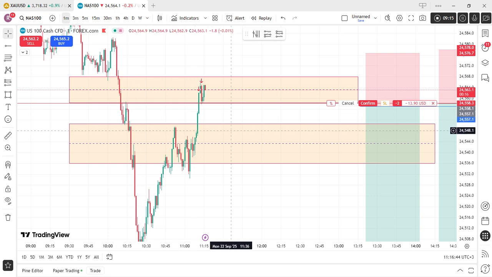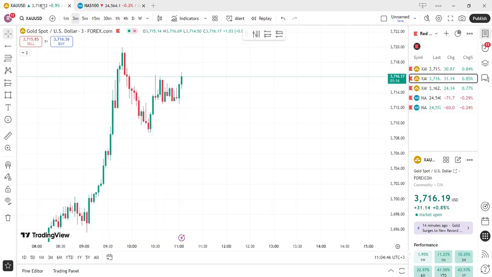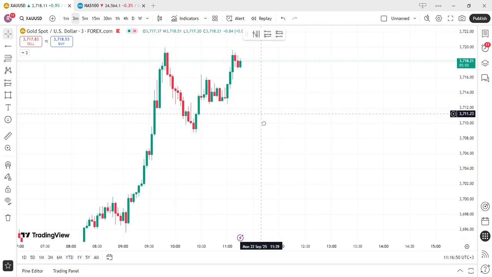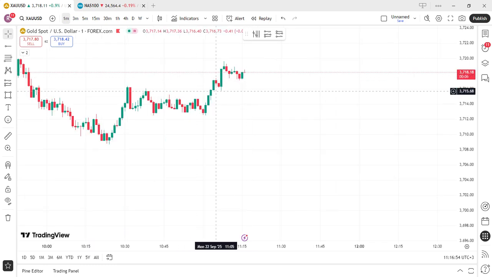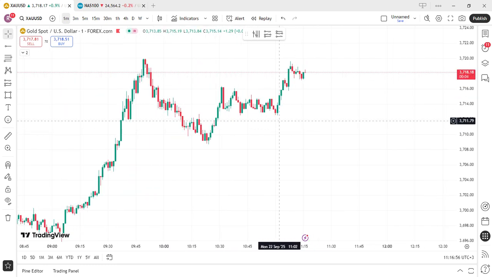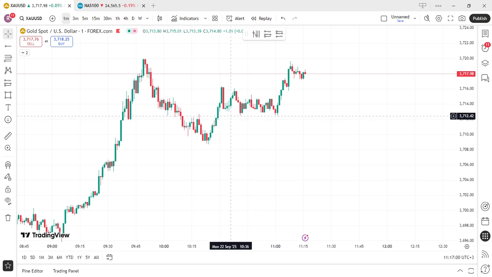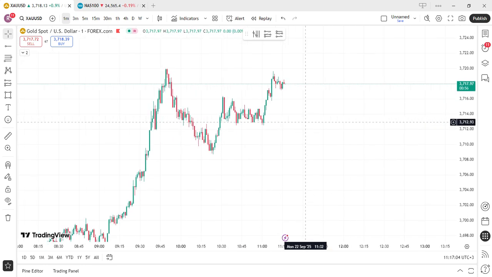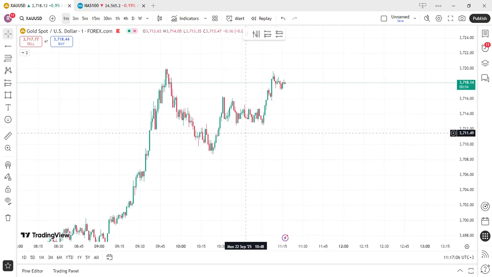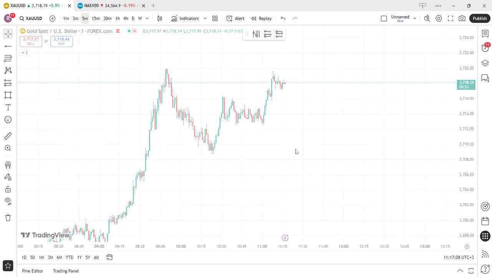That being said, let us now take a look at gold. I was expecting some sales, just below here. I wanted price to come below here, tap this liquidity here, tap somewhere around here, then rally higher. But from the look of it, gold has already gone high without coming to that entry spot where I wanted it to come to.